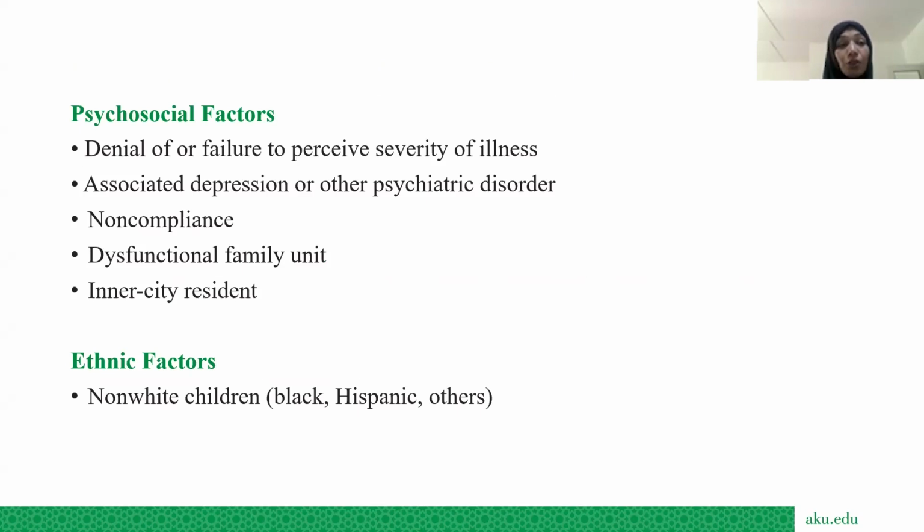There are certain psychosocial factors like denial or failure to perceive the severity of illness, and associated depression or psychiatric disorders. If the patient is non-compliant to therapy, has a dysfunctional family unit, or lives in the inner city, this can also lead to severity of asthma. Near fatal asthma is more common in non-white, black, and Hispanic children than in white children.